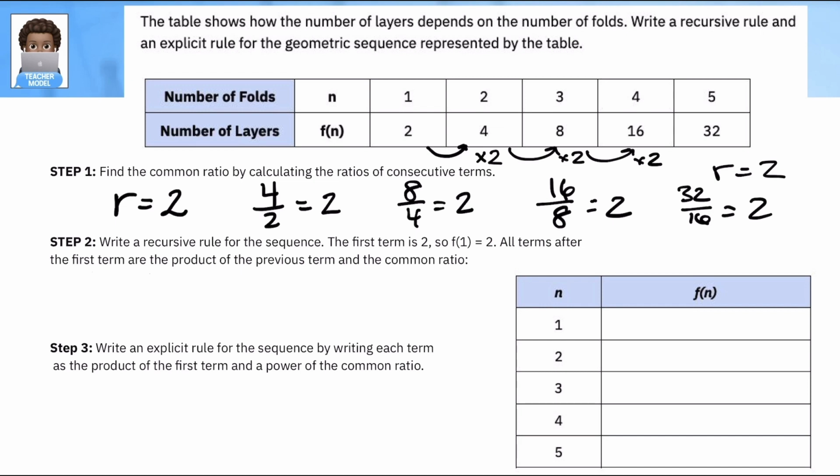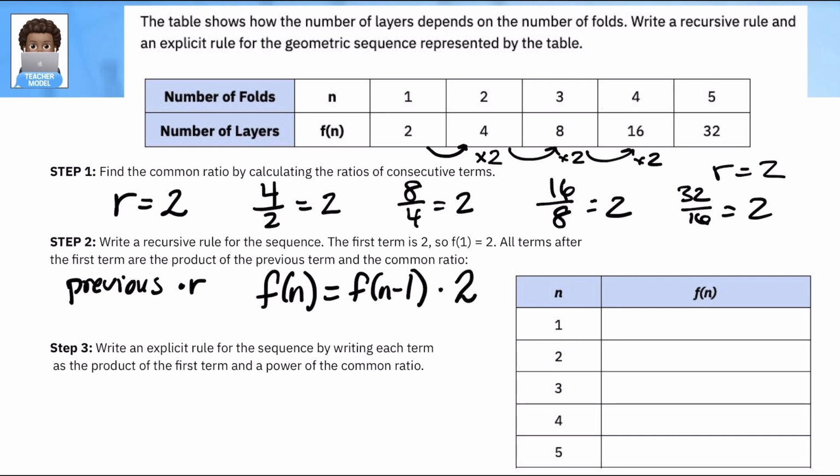Once you have that, to write the recursive rule, remember you're doing the previous times R. So f of n is equal to f of n minus 1 times, in this case, 2. That's all you would write. To write the explicit rule, we're going to find the first times R to the n minus 1.